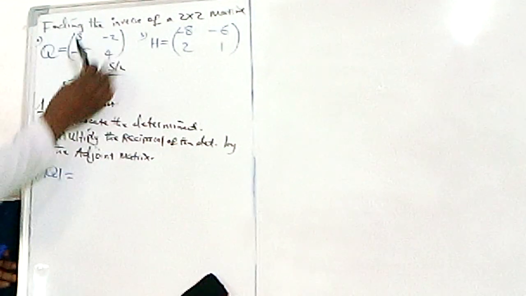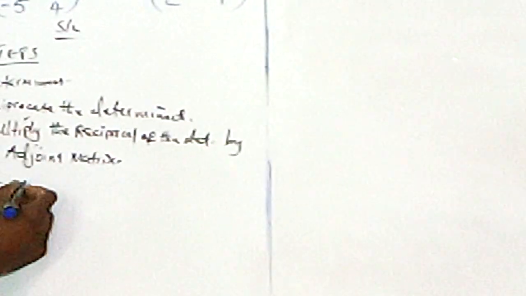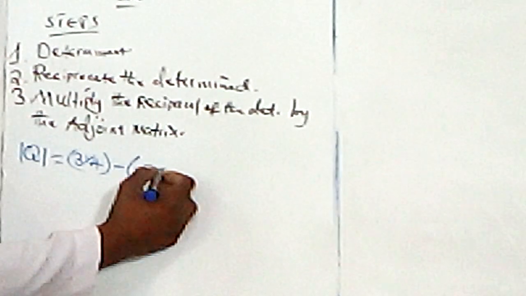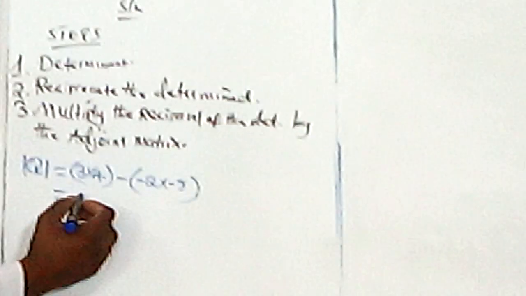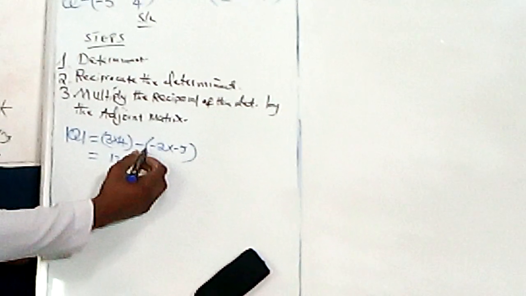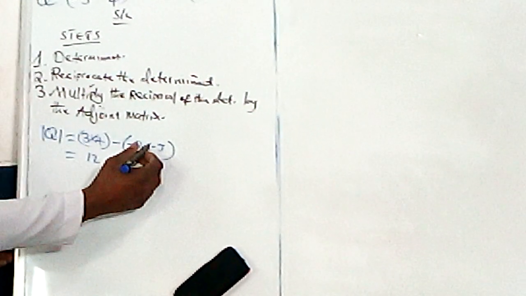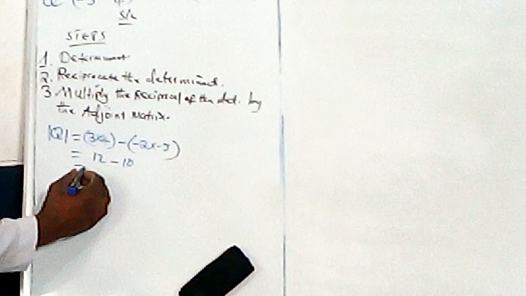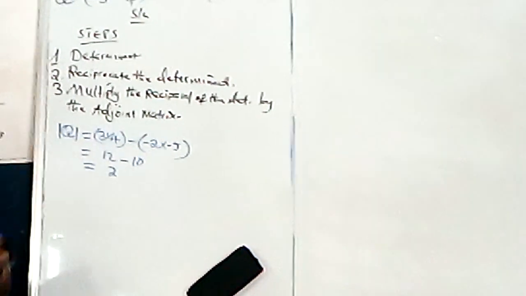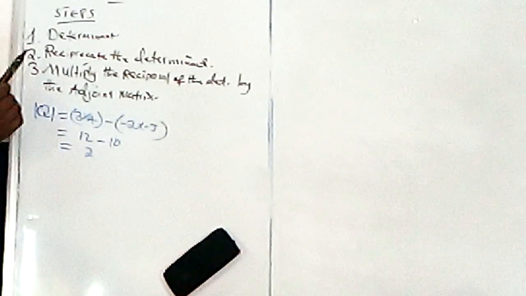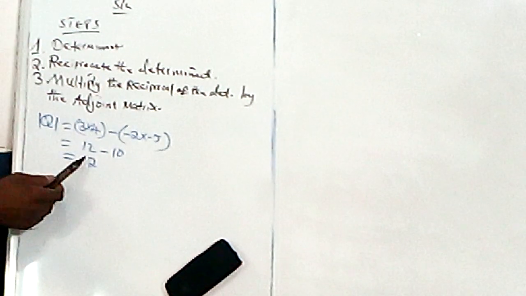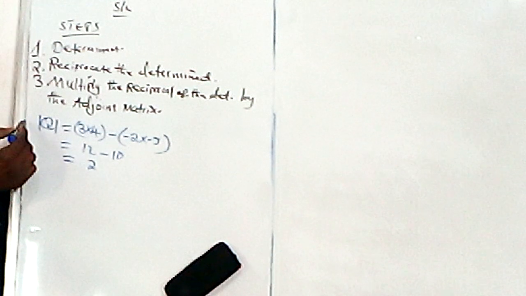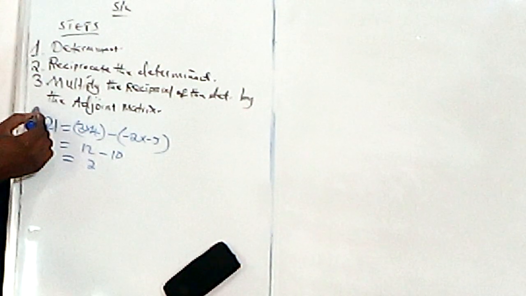We have 4 and 3, so we multiply 3 times 4 and subtract the product of the elements in the minor diagonal. And of course, this will be 3 by 4, that's a 12. Negative 2 times negative 5, that's positive 10. And here we're going to have a 2. Therefore, the determinant of matrix Q is 2.